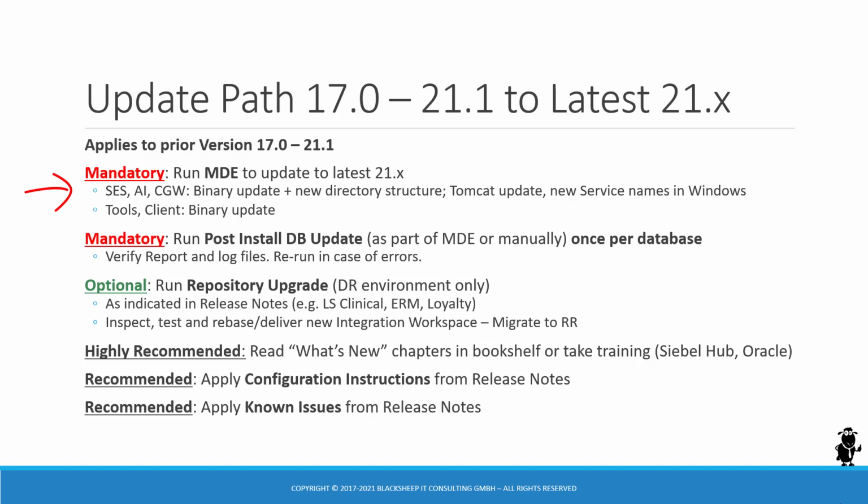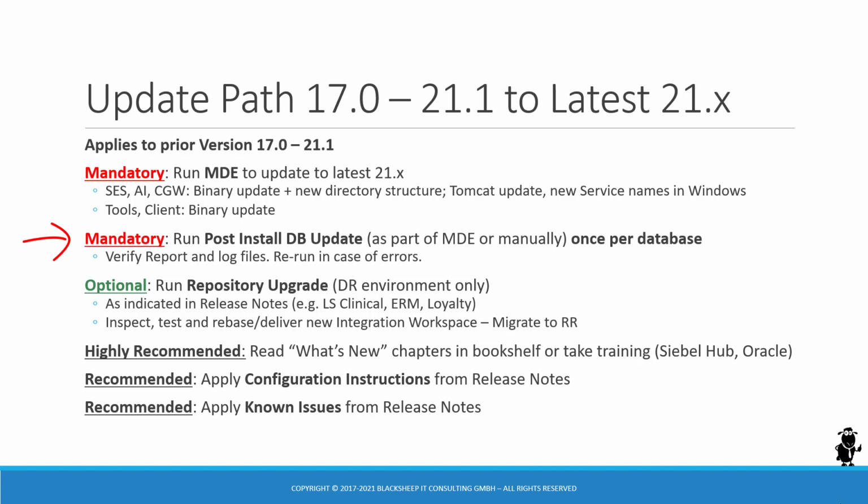And with 21.4, there's also Zookeeper, which gets a new version. So watch out for any changes that might be needed in any custom files or any auxiliary stuff. It's also mandatory to run the post-install database update, which is offered as run it automatically as part of the MDE, like in previous updates, or you can opt for manual execution.